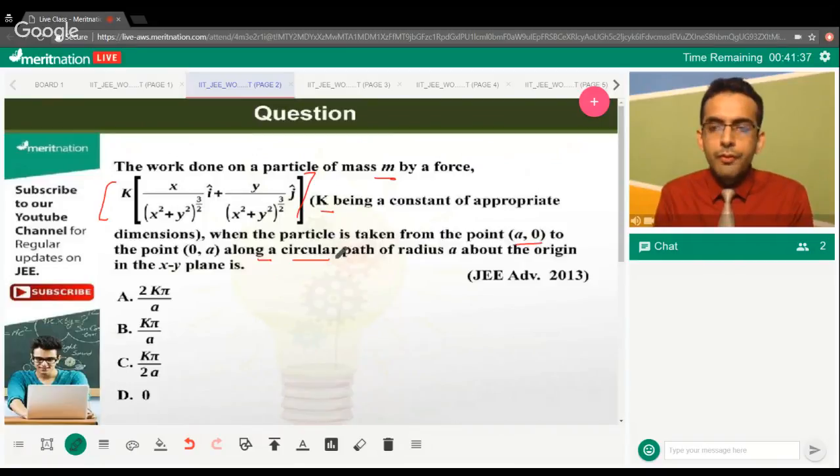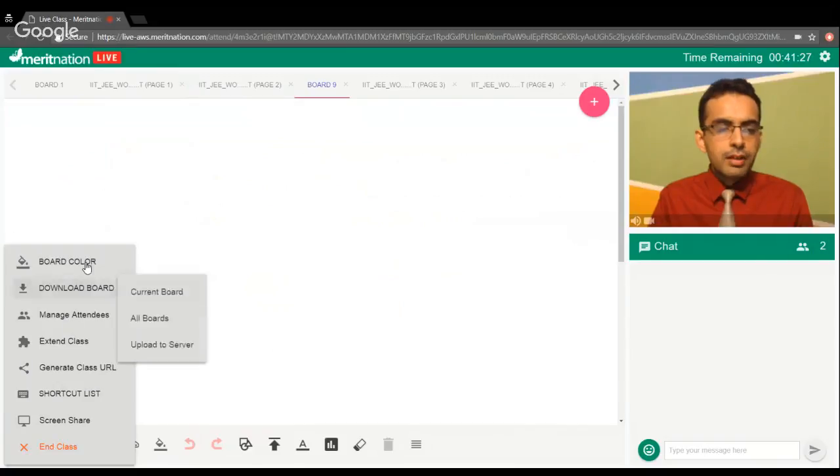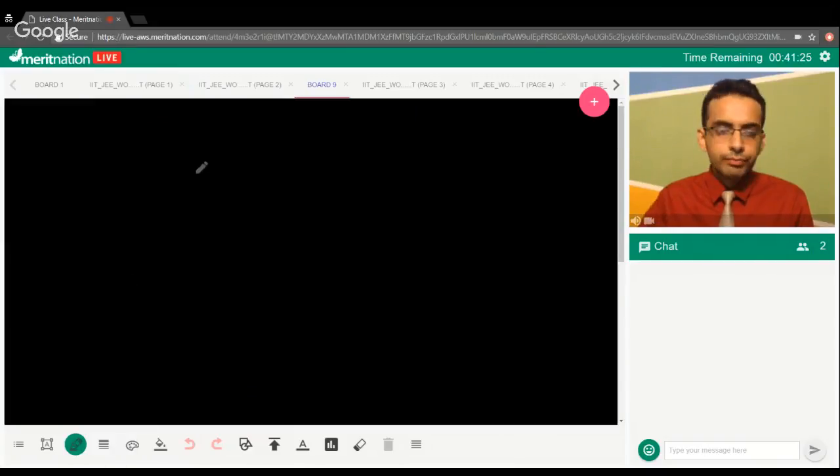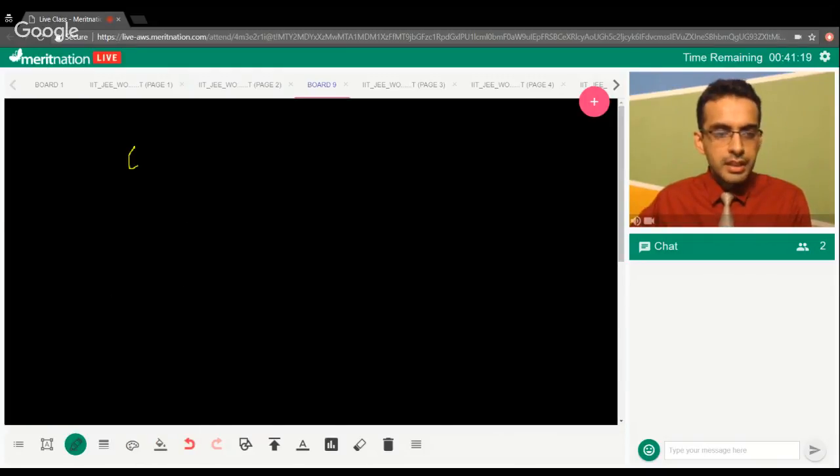So students, what do we have to calculate? Simply we have to calculate the work done, right? So how do we calculate the work done? You might have learned in your school that work done is given as the dot product of force vector and displacement vector.